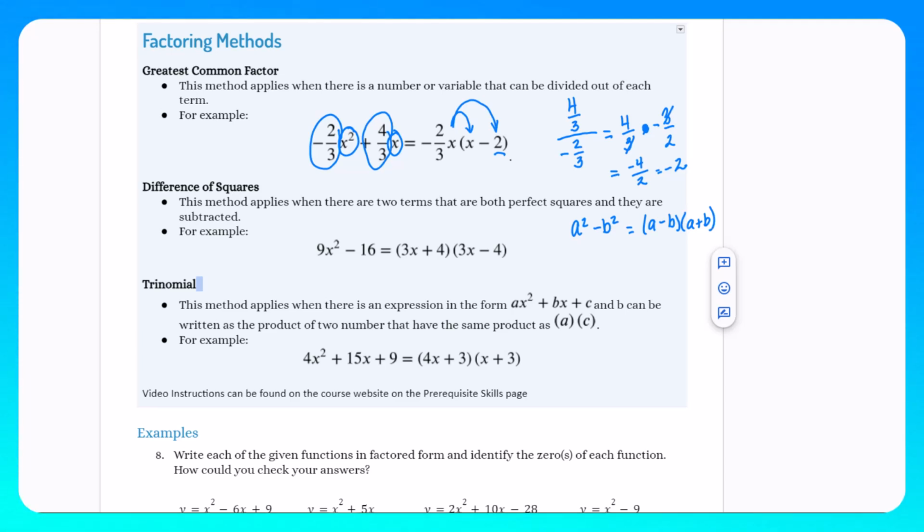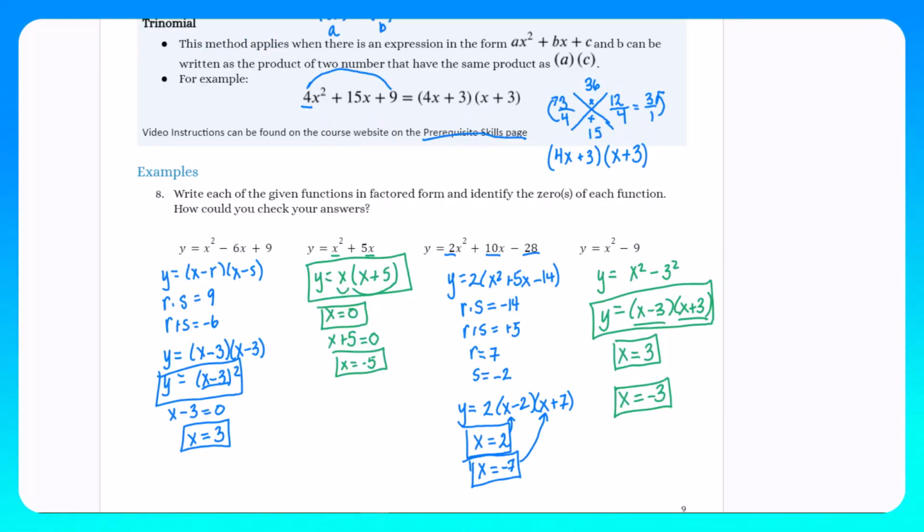For example, this is the same thing as saying 3x squared minus 4 squared. So our a is 3x, our b is 4, so we just say 3x plus 4 and 3x minus 4.